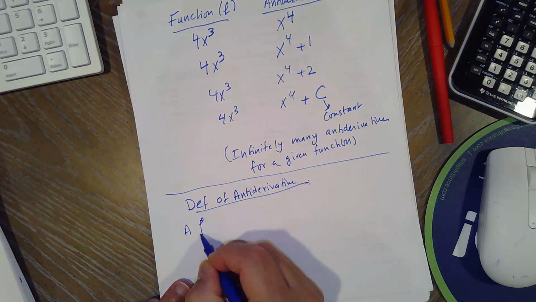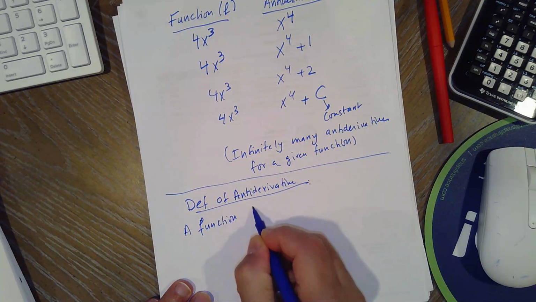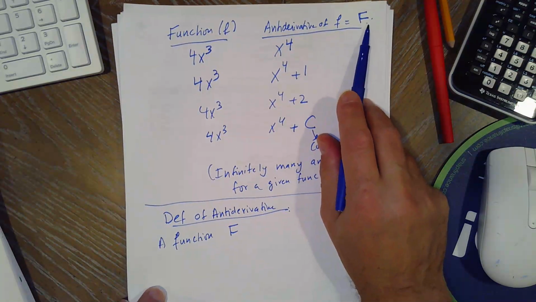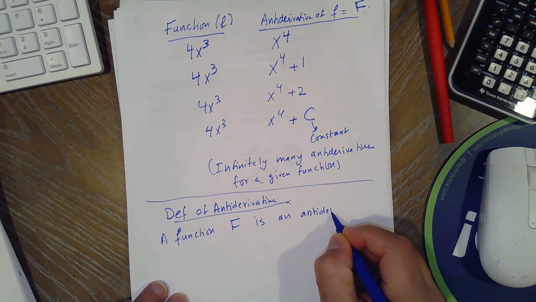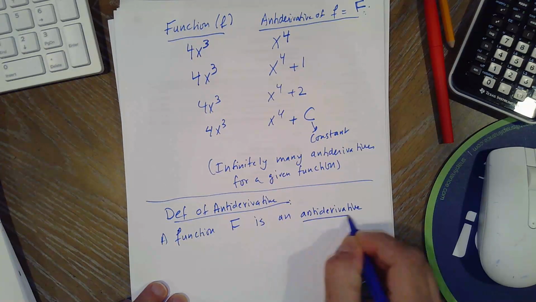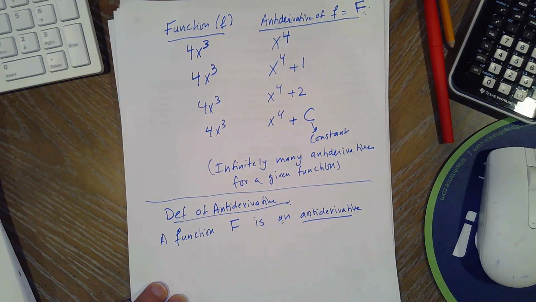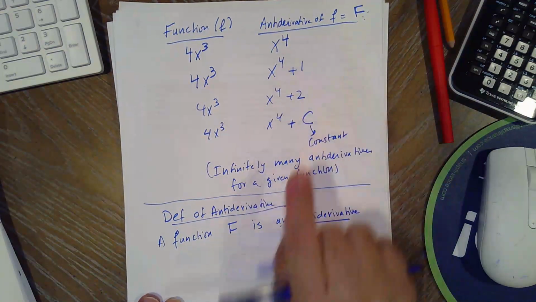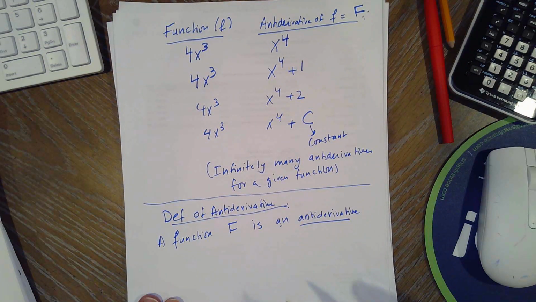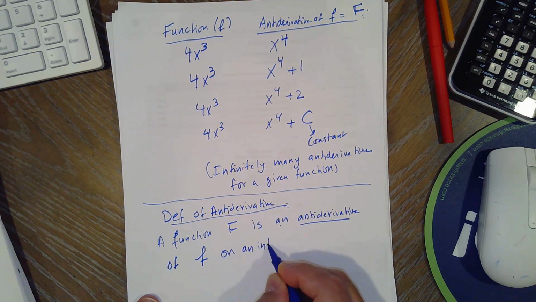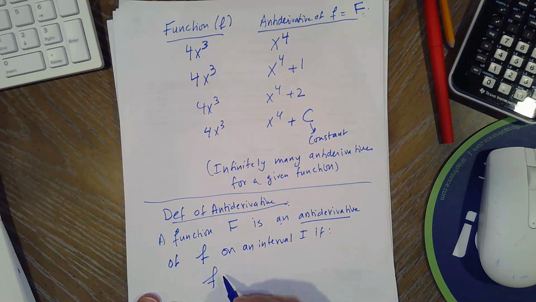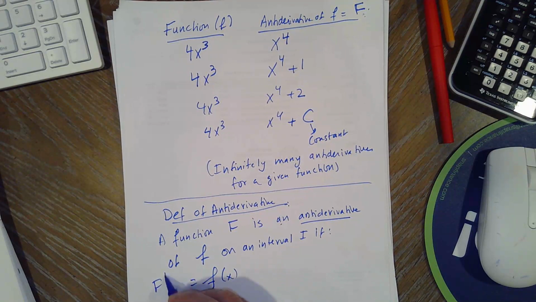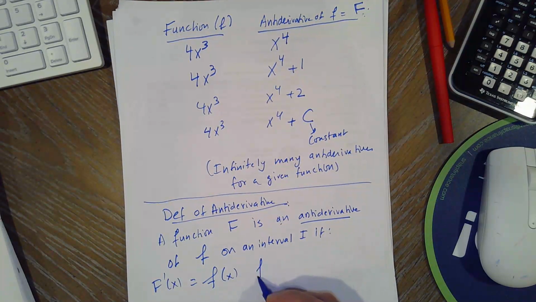A function big F, okay, we're talking about this one, is an antiderivative, and we're saying an antiderivative because there's infinitely many antiderivatives for every function, of little f on an interval I, if the derivative of big F is little f of x for all x in I.